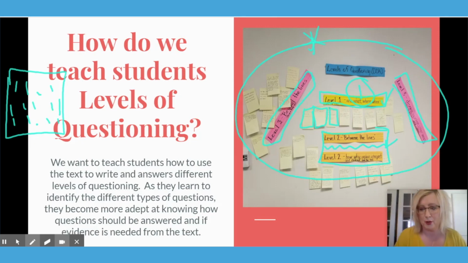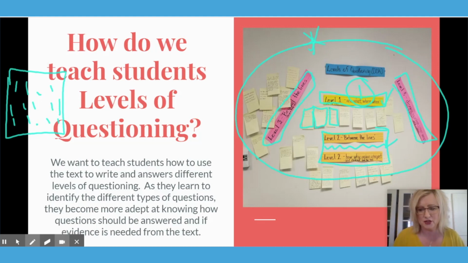And then you can repeat the process with a level 2. Groups write a level 2, post it on the wall, and then another group will choose the question and answer it so that the group is practicing writing and answering in complete sentences. They will move on to a level 3.